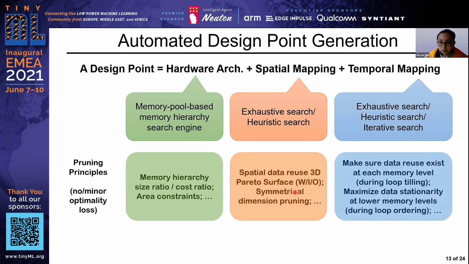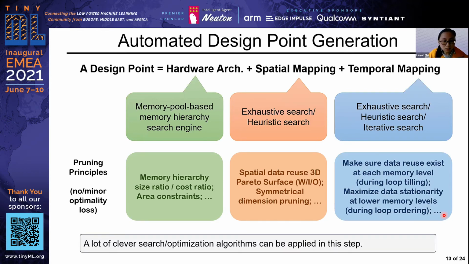For the temporal mapping part, we can make sure that data reuse exists at each memory level during the loop tiling phase. We can maximize the data stationarity at the lower memory level during the loop ordering phase. There are some other tricks which you can check in our paper for more detail. And note that many more clever search or optimization algorithms can be applied in this step.